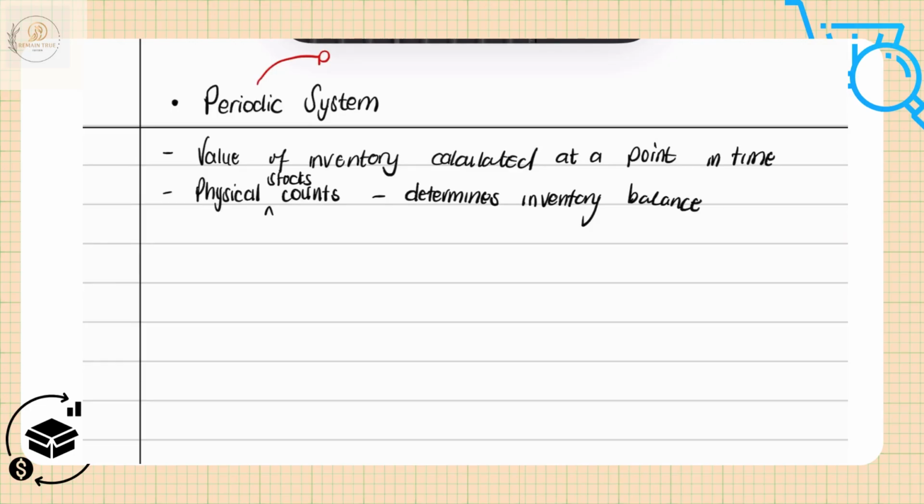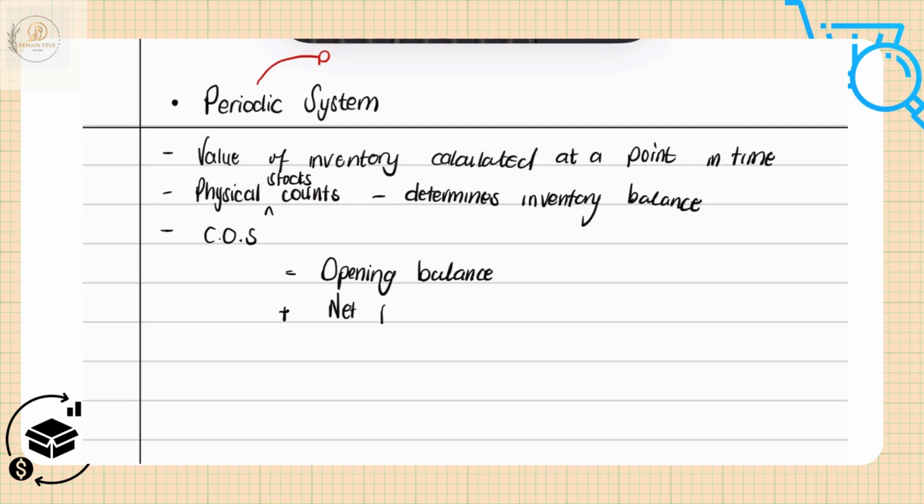With periodic, because there isn't a system that calculates it automatically for us, we use this formula for cost of sales. Cost of sales is equal to, you can say it with me, opening balance plus net purchases.